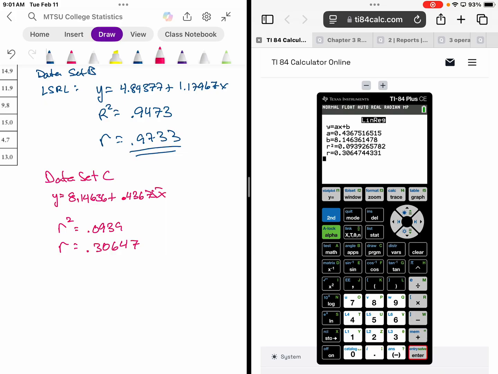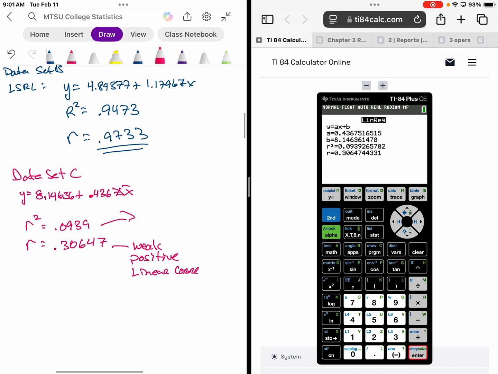So as I look at these things here, we got a really weak positive linear correlation going on here. That r value going from the topic last section.